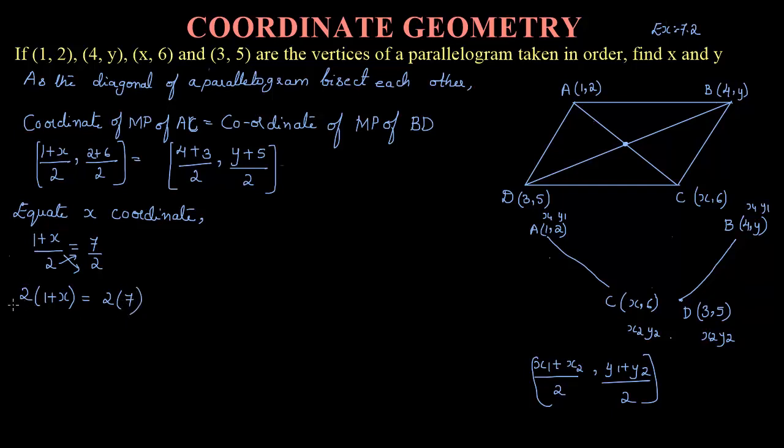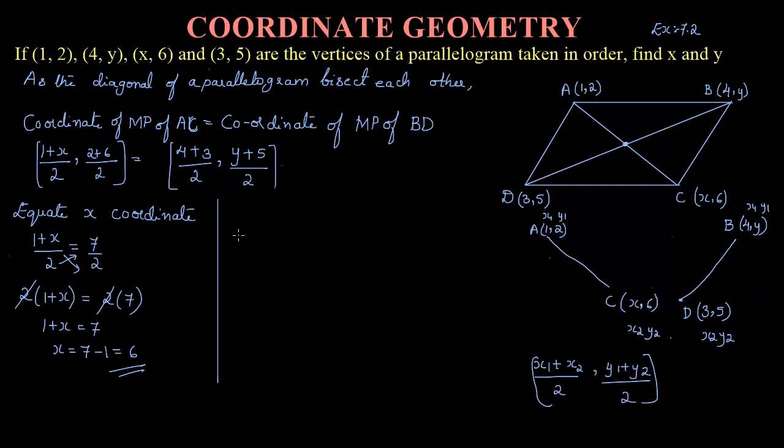Right? So the 2 is on the opposite side of the equal sign, so the 2 and 2 will get cancelled. And here you will have 1 + x equals 7. Now if I shift this plus 1 to this side, it will become minus 1 and you will get the value of x as 6. So you have equated the x coordinate and you got the value of x.